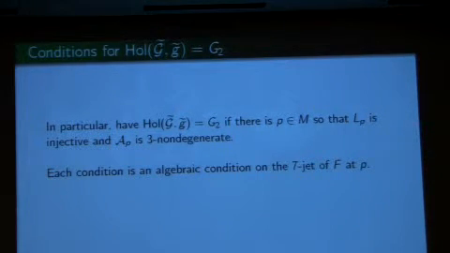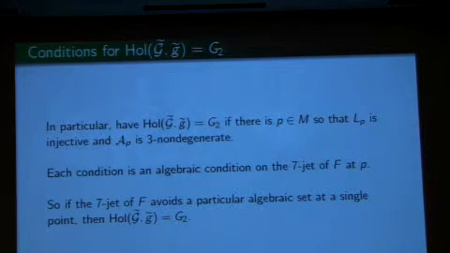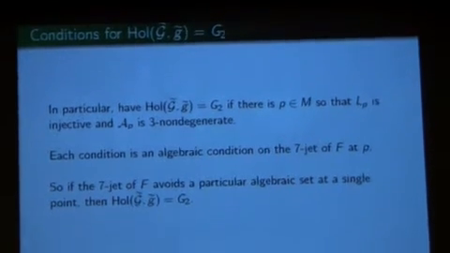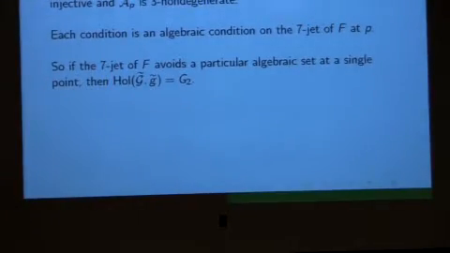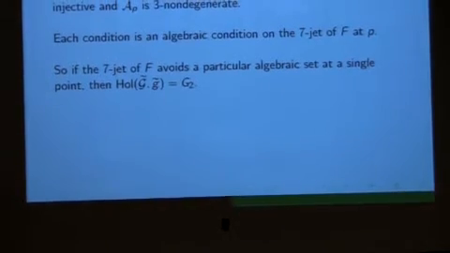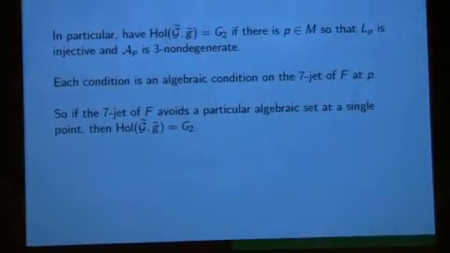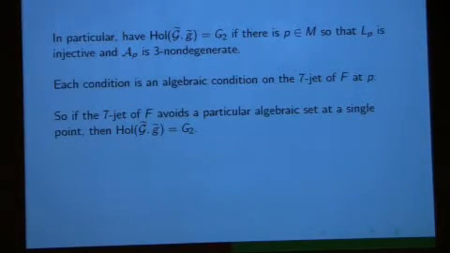It turns out these involve up to 7 derivatives. So this defines in the space of 7-jets of F, at a single point, some algebraic subset, and if the 7-jet of F avoids that algebraic set at one point, and all the rest of the derivatives can be anything you like, your holonomy is actually going to equal G2.